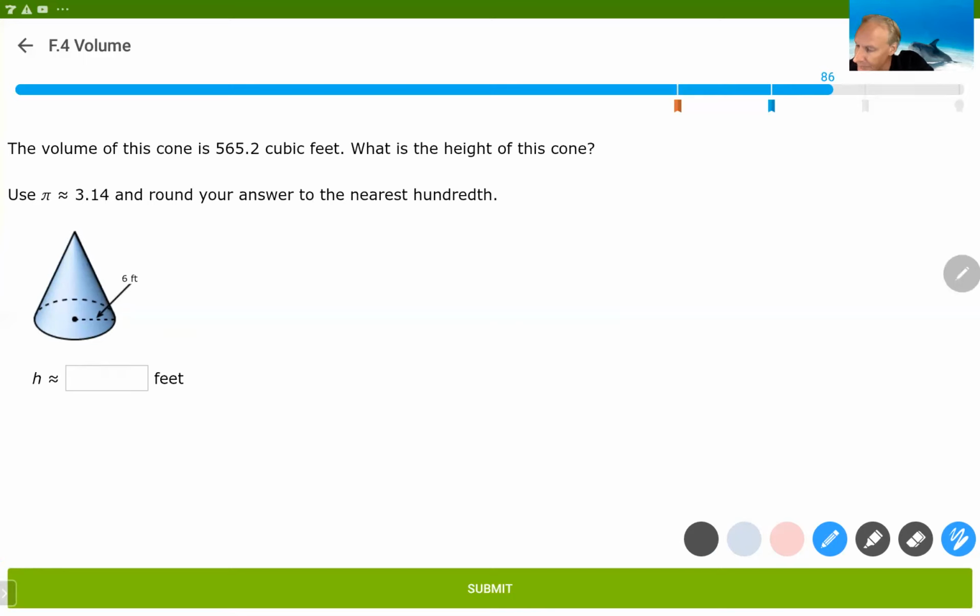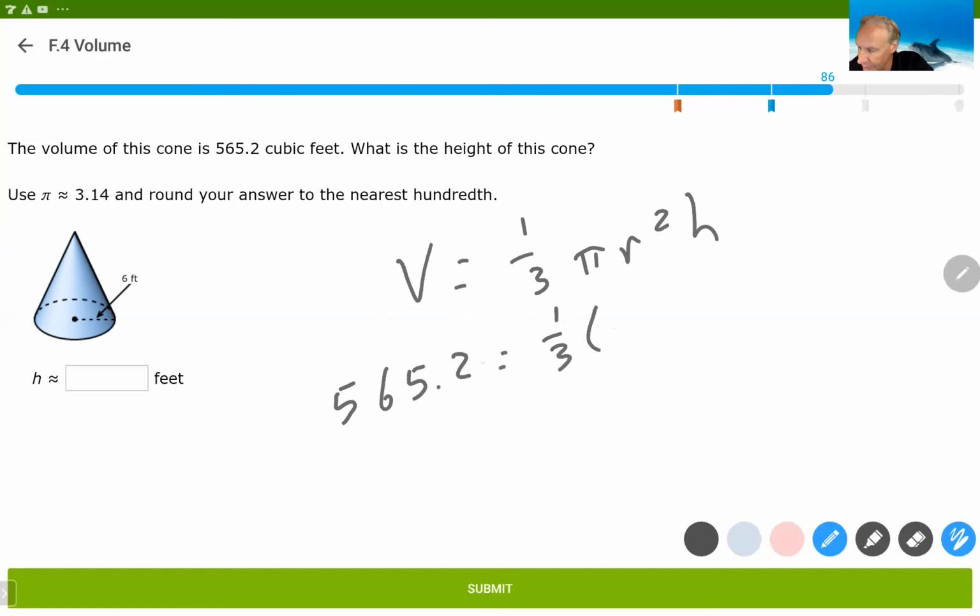I missed a couple. The volume of the cone, same deal. Volume is equal to 1/3 pi r squared H. The volume is 565.2. 1/3, approximately 3.4. The radius is 6 squared times the height.